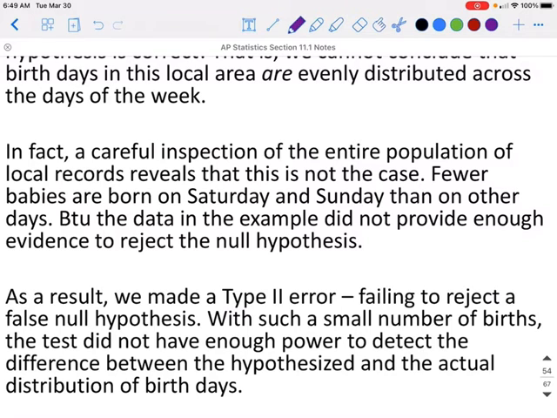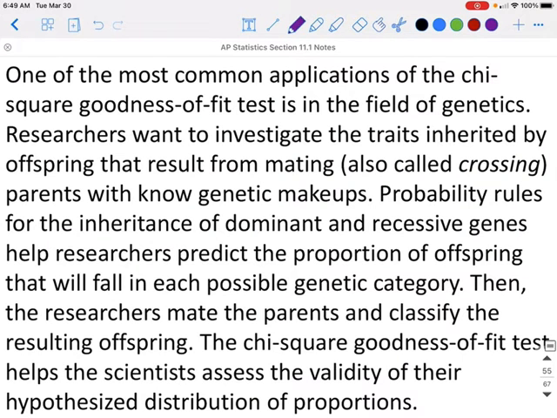But the data in the example did not provide enough evidence to reject the null hypothesis. As a result, we made a type 2 error, which means we failed to reject a false null hypothesis. With such a small number of births, the test did not have enough power to detect the difference between the hypothesized and the actual distribution of births.